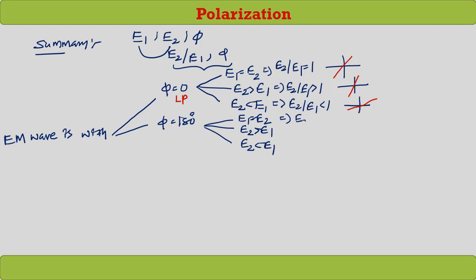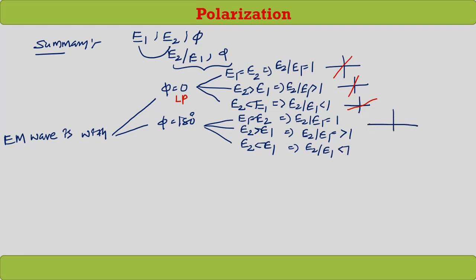So here E2 by E1 is 1, E2 by E1 is greater than 1, and E2 by E1 is less than 1.